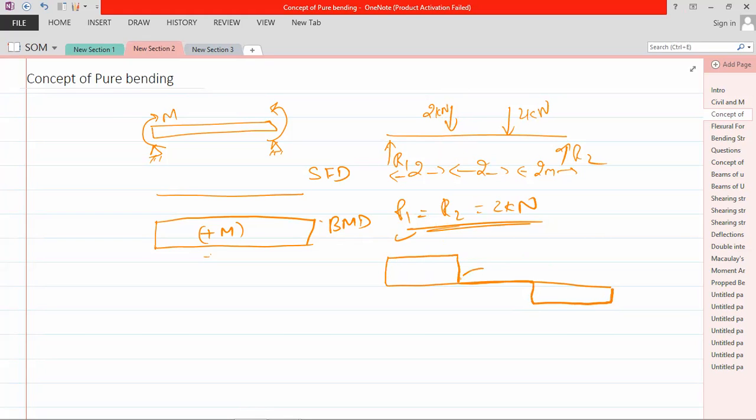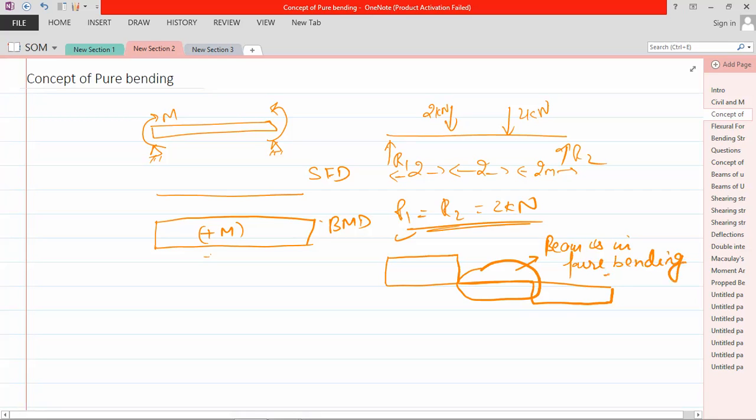So this portion, we can say the beam is in pure bending. It means wherever the shear force is 0, you can say the beam is in pure bending.